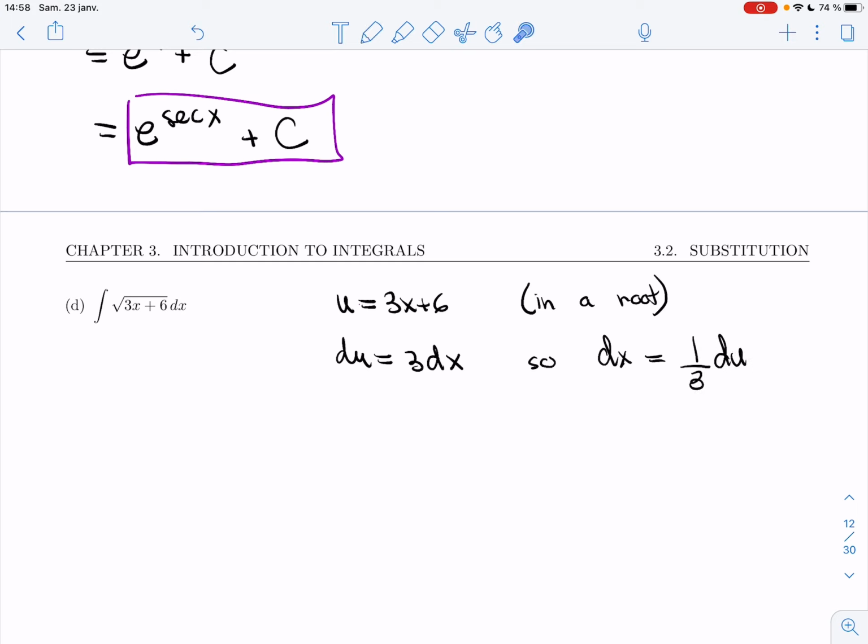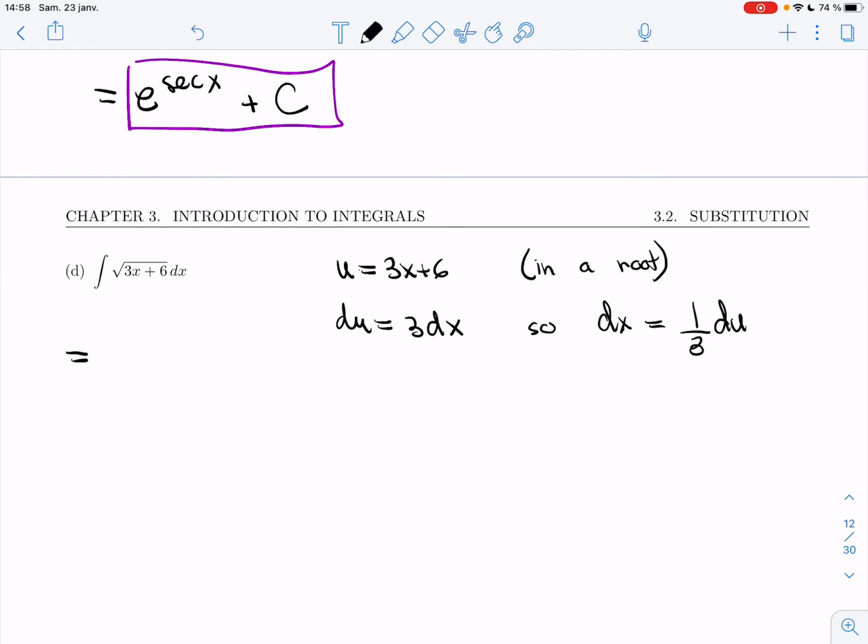So this kind of substitution for just a linear function, something that has a graph that's a line, will work if it's somewhere inside your function because the derivative is going to be so simple. All right, so I'm getting a root of u, and then dx is 1/3 du. And so I'm getting 1/3 u to the 1/2.